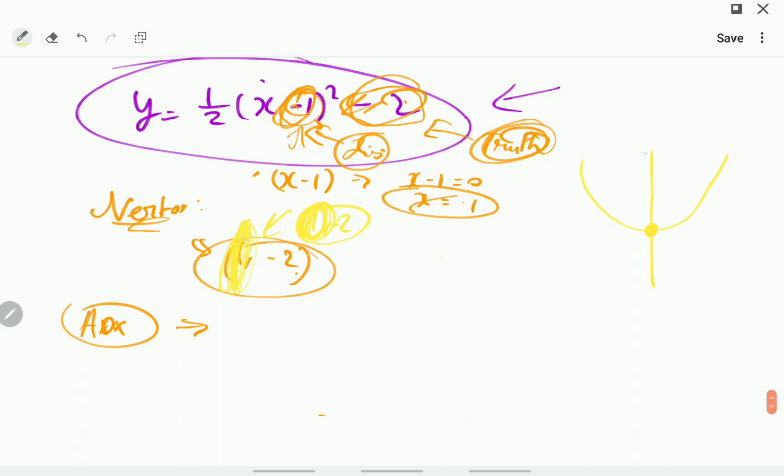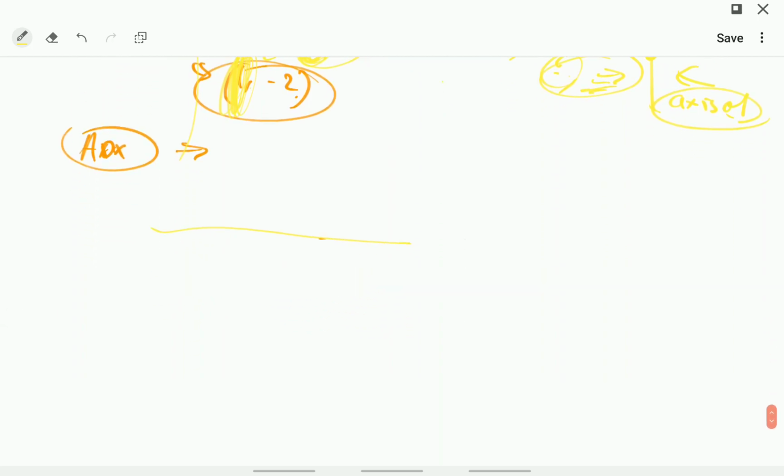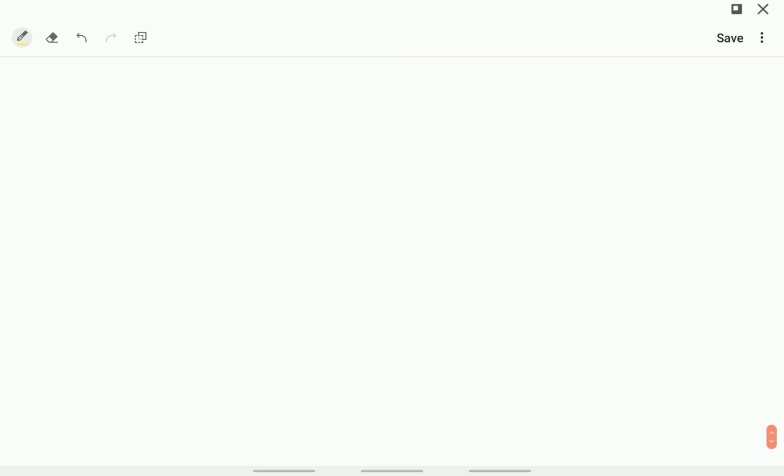So the axis of symmetry goes through the x value. The x value of the vertex is always the axis of symmetry. So if you know the axis of symmetry, you know the x value of the vertex. Therefore, you can substitute it into the equation and find the y value, right? Hope this is all starting to make much more sense now that we're going through more and more questions.